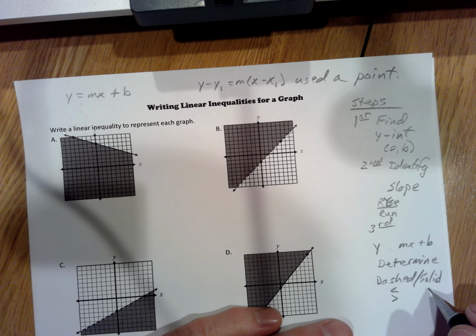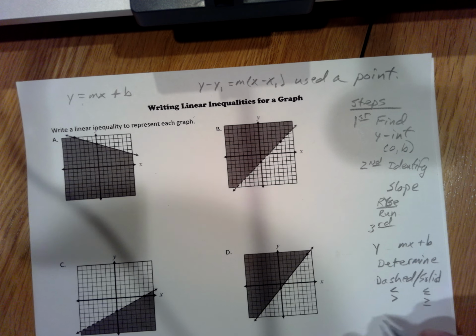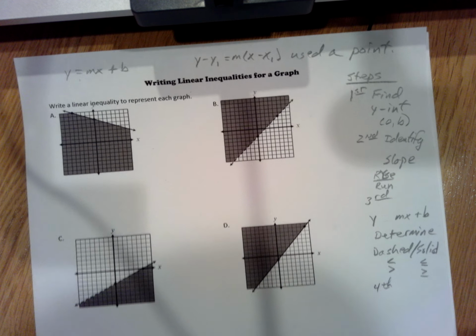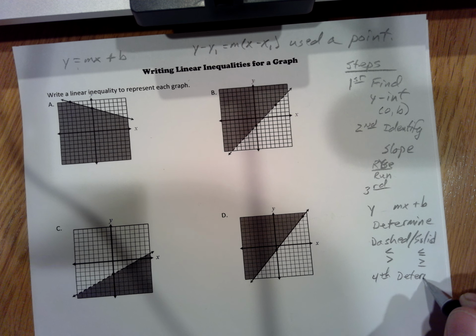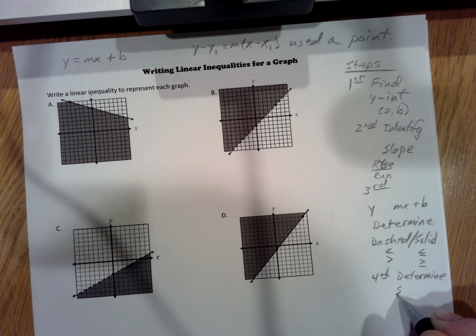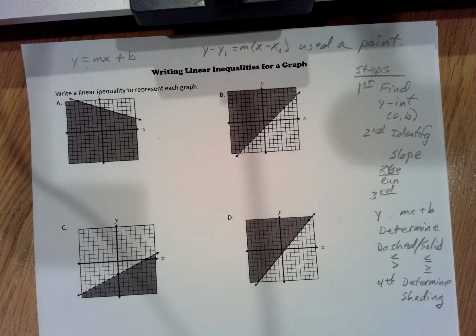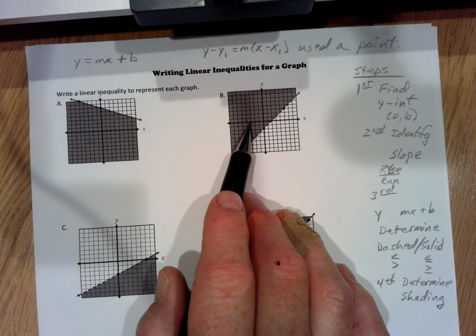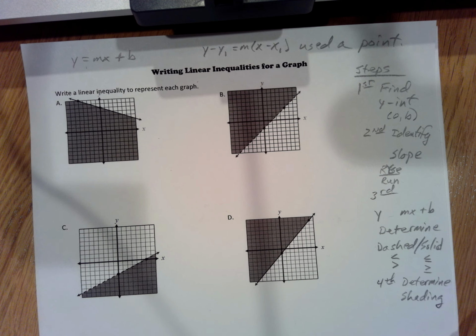Solid is a less than or equal to or a greater than or equal to. And then fourth, we're going to determine shading. Is it going to be shaded above the line or below the line? If you look at our graphs right here, this one's below, this one's above, this one's below, this one's above. So with that said, let's get started.